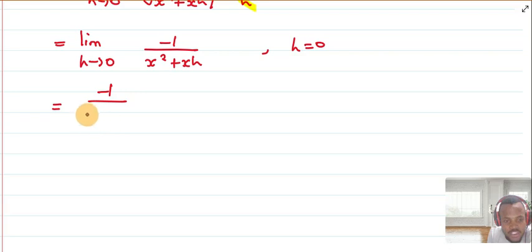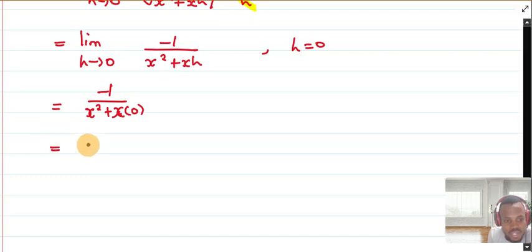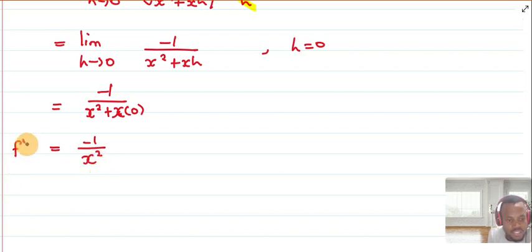Where I see h, I replace it with 0. It's x plus x multiplied by 0, because now my h is 0. So it becomes minus 1 over x squared. That is the differentiation of 1 over x using first principle.